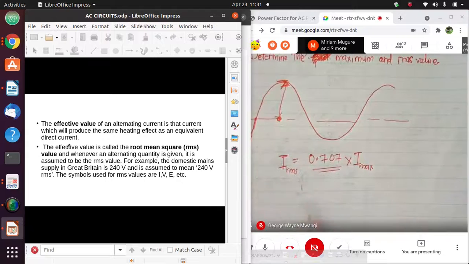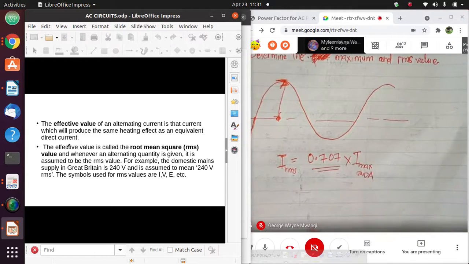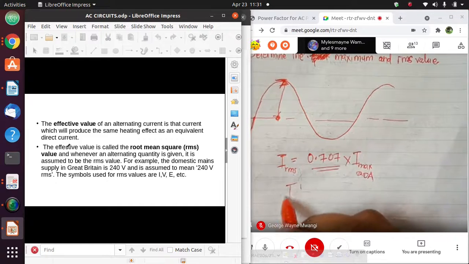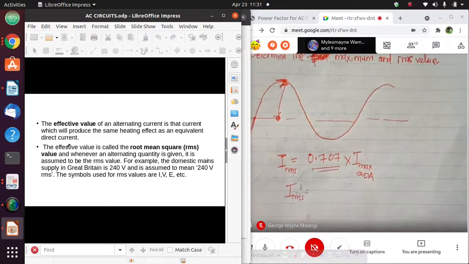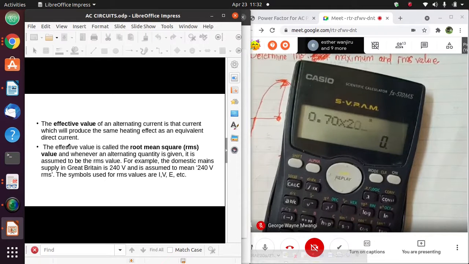We have already been given the maximum value as 20 amperes. So what will be the RMS value of that current? You will take 0.707 times 20.